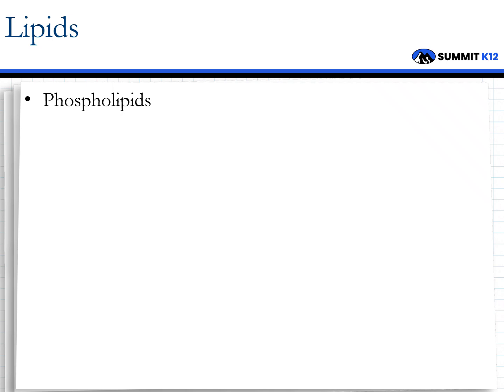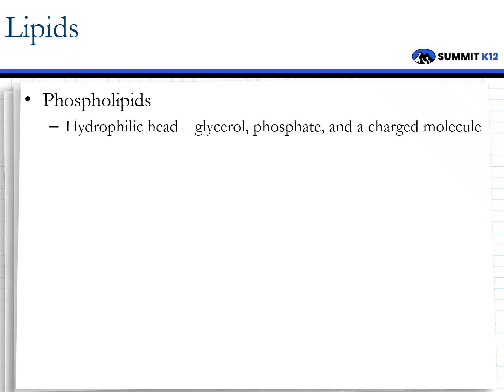So lipids play a super important role in the composition of cells. They make up cell membranes, and they have these things called phospholipids. The cell membrane is composed of millions of phospholipids. We have a hydrophilic head, which is a glycerol phosphate or charged molecule. And they love water.